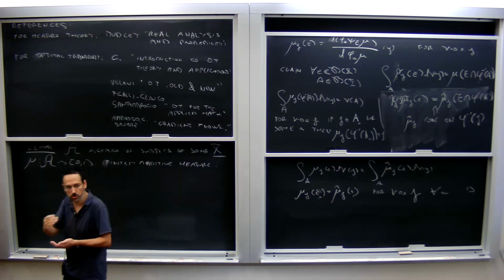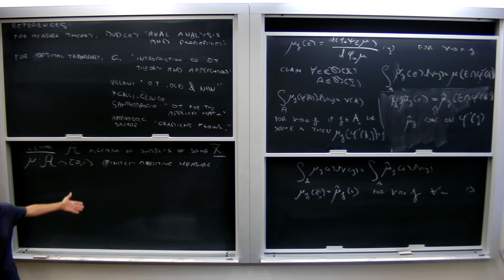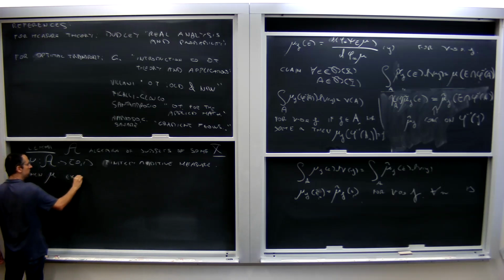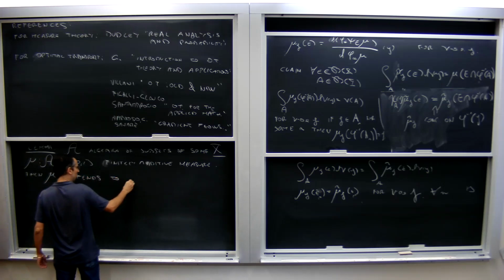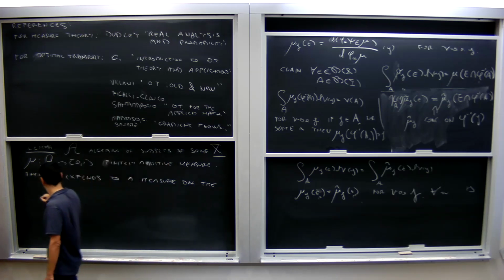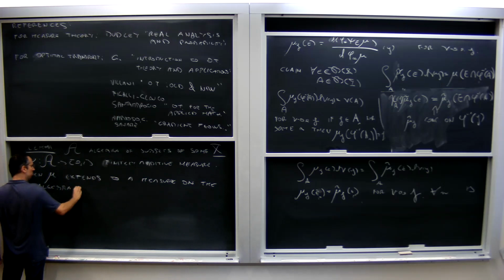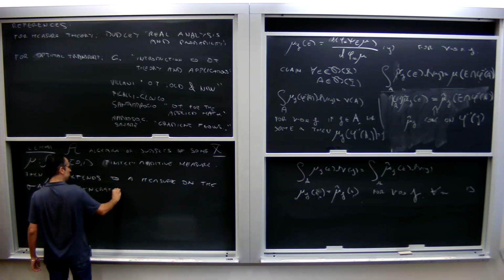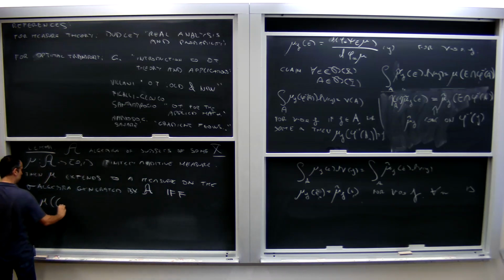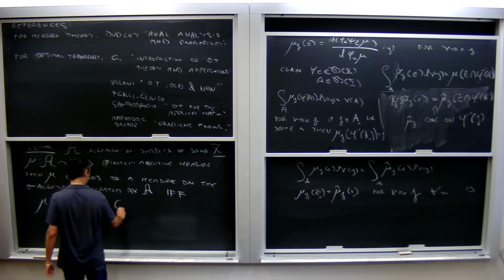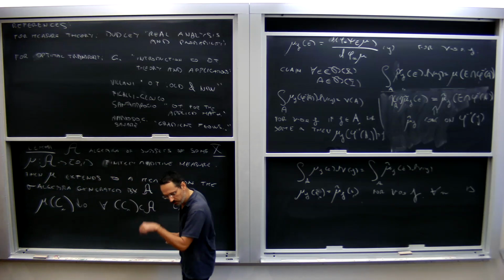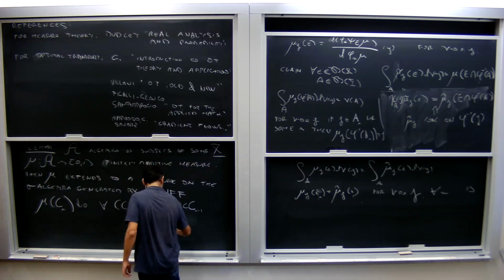Then you can wonder under which conditions this extends to an actual measure on the sigma algebra generated by A. Well, μ extends to a countably additive measure on the sigma algebra generated by A if and only if μ(C_n) goes to 0 for every choice of sets C_n inside A, a decreasing choice of sets, such that the intersection over n of all the C_n is empty.